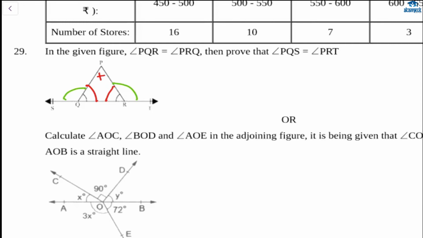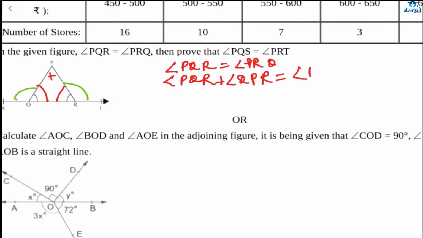This R and this P will be equal to this green one, the reflex angle of Q. Similarly, I can write it here like this. It is given that angle PQR is equal to angle PRQ. So we are going to add the same quantity, that is angle QPR, so PQR plus QPR is equal to PRQ plus QPR.